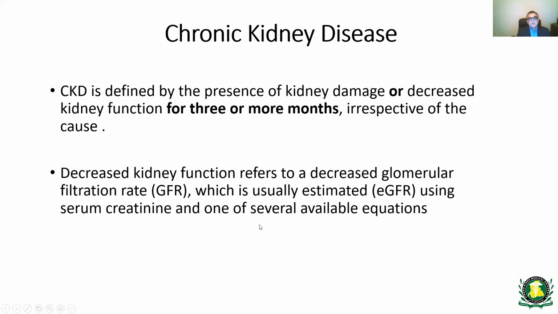Decreased kidney function refers to a decreased glomerular filtration rate, which is usually estimated using serum creatinine and one of the several available equations like MDRD, Modification of Diet in Renal Disease, and also CKD-EPI, which is CKD Epidemiology Collaboration.